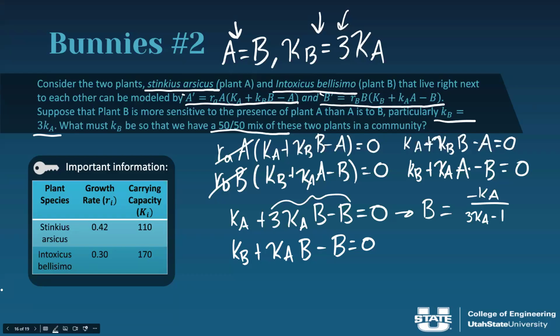I did a lot of steps right there all at once: I subtracted kappa A over to the 0, and then I pulled out a B out of these two middle terms, and then it's 3 kappa A minus 1 times B, so then I just divided that over. And then down here, I'm also just going to rearrange for B, and that's going to get minus KB over kappa A minus 1.